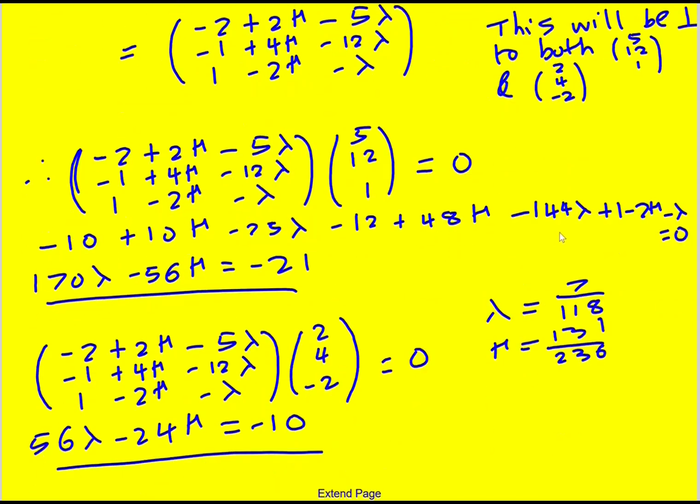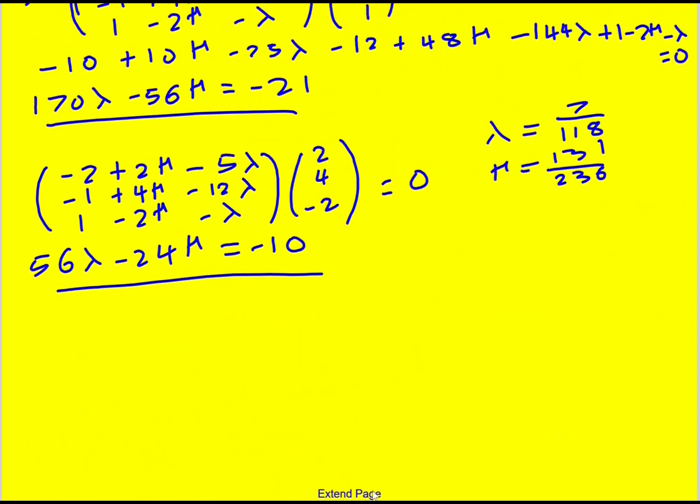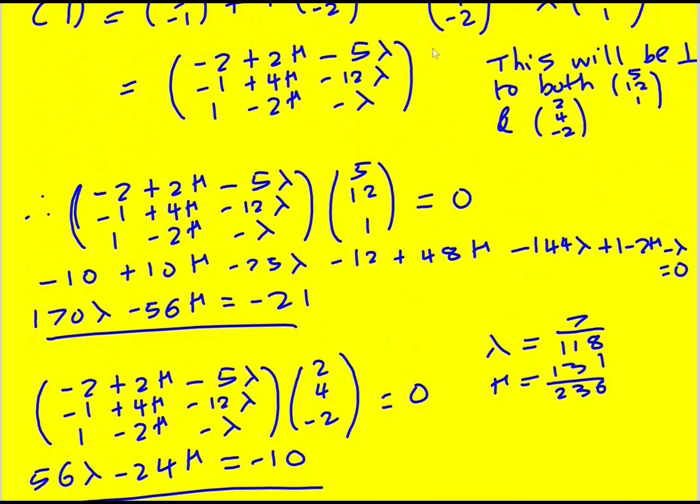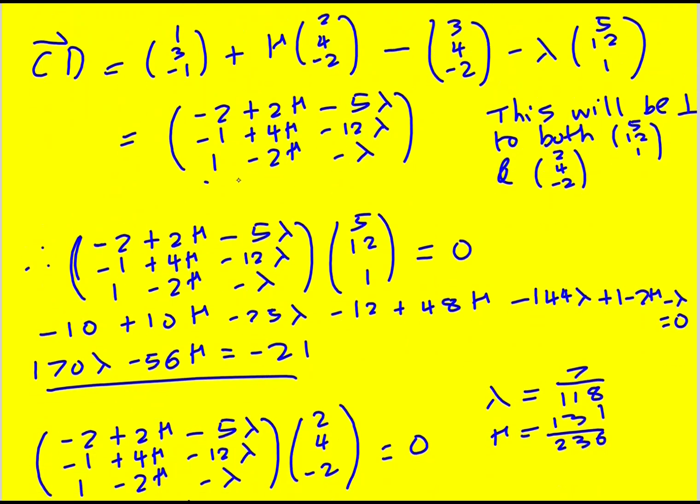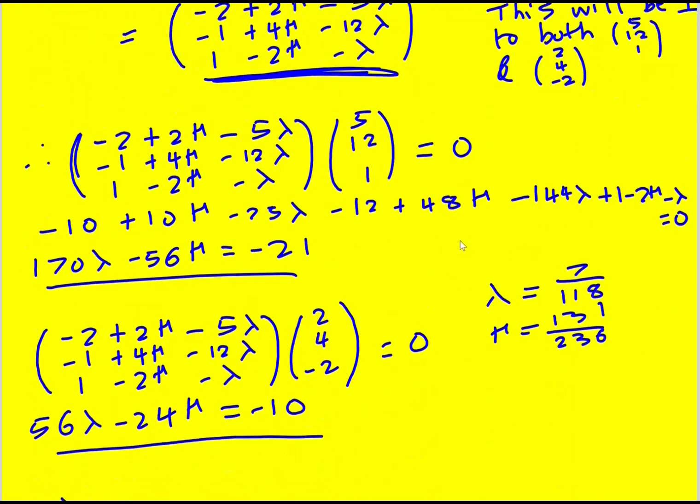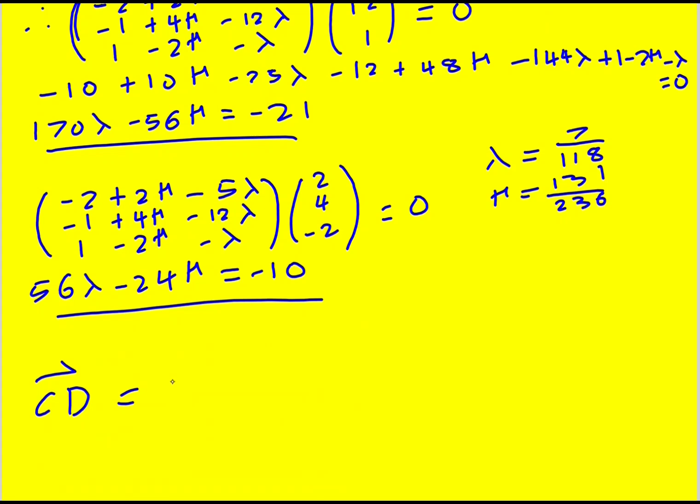So if we now work out CD, we can sub in to here our values, again, carefully, and you should get as a vector minus 70 over 59, 30 over 59, and minus 10 over 59.